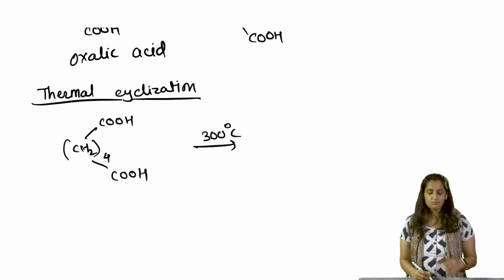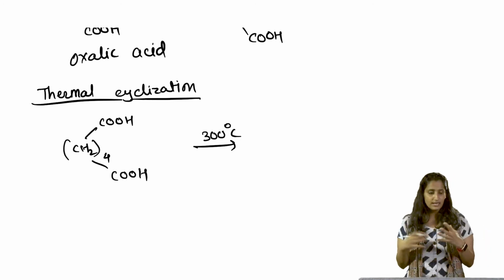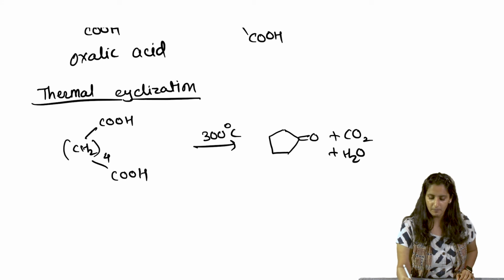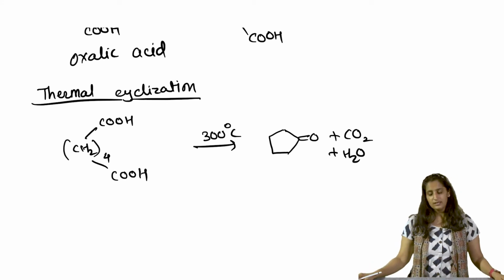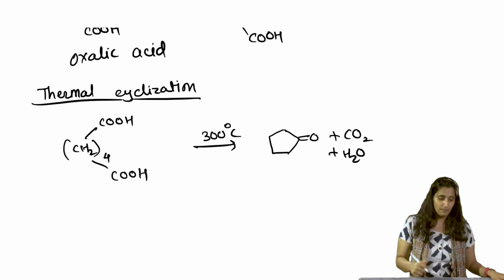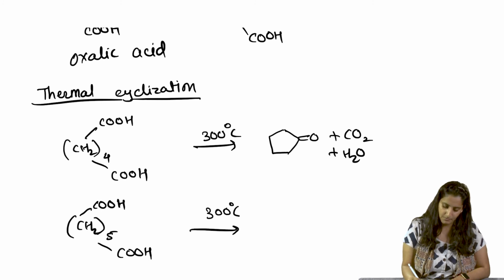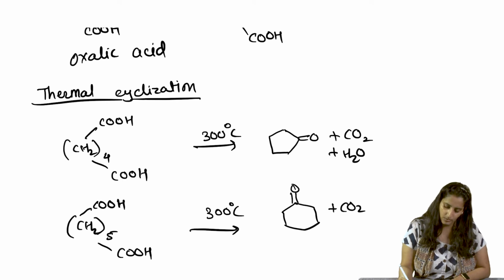As you heat these molecules, they are going to undergo a decarboxylation reaction to form the corresponding product, in this case a cyclopentanone. Similarly, you can form a cyclohexanone if we start from a 7 carbon dicarboxylic acid. Same thing, 300 degrees, you end up forming a cyclohexanone molecule.